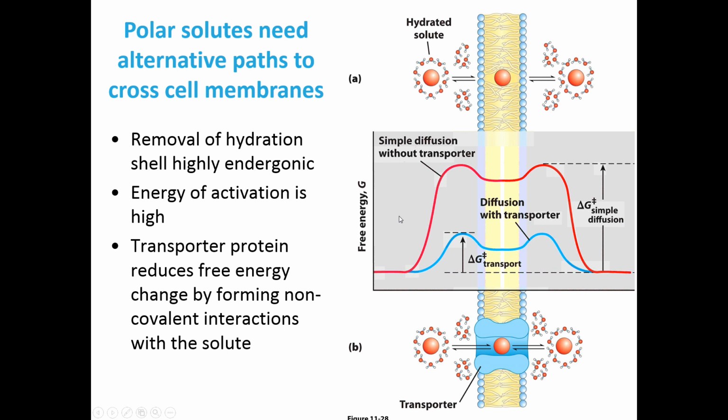These reactions would have a huge free energy to overcome. So what we do is we allow, when this polar molecule has to let go of its water, it can interact with polar residues of the transporter integral membrane protein. This lowers the delta G, allowing us to move molecules across the membrane.